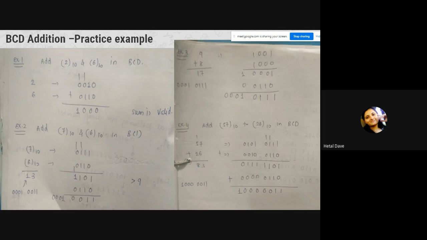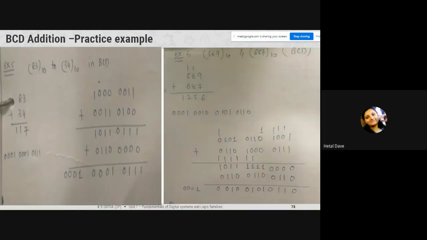But you need to decide where 6 should be added. So this is the rule: if carry is generated or our code is illegal, then we should add 6. The addition rule should remain the same. Is there any doubt now? Okay. So some examples are given for your practice. You can refer to it whenever this PPT is uploaded. The rule will remain the same.